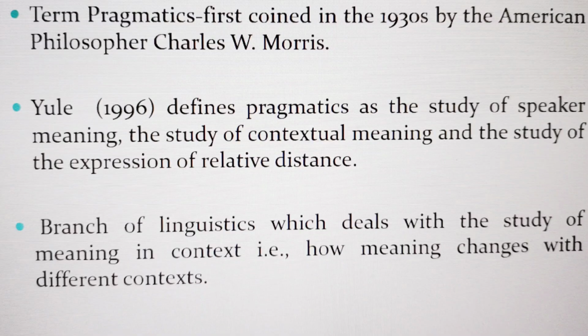In 1999, Yule defined pragmatics as the study of speaker meaning, the study of contextual meaning, and the study of the expression of relative distances. So the branch of linguistics which deals with the study of meaning in context, that is how meaning changes with different contexts, is pragmatics.